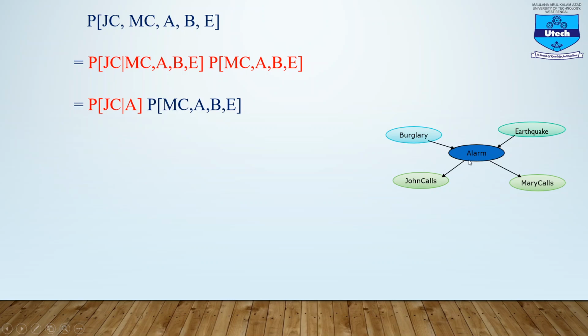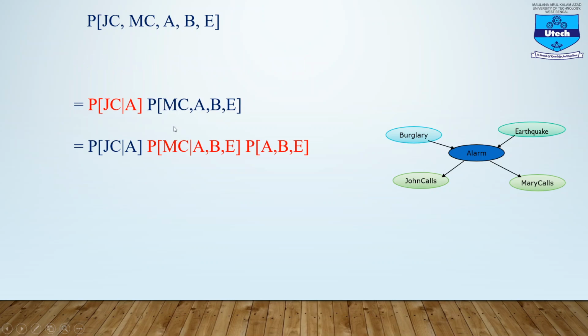No other parents are present over here, so all the other parts will vanish. Mary calls, burglary and earthquake don't have any direct effect on John calls. Burglary and earthquake have an indirect effect, but there is no arrow between them. So the indirect effects, or where there is no connection, will vanish. And this is the same thing.